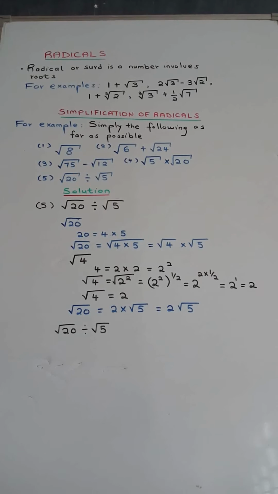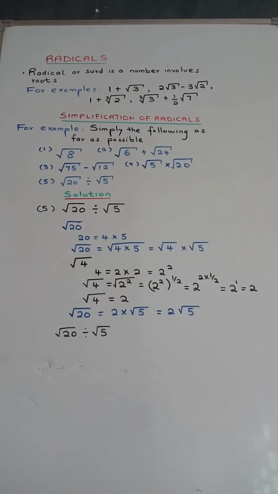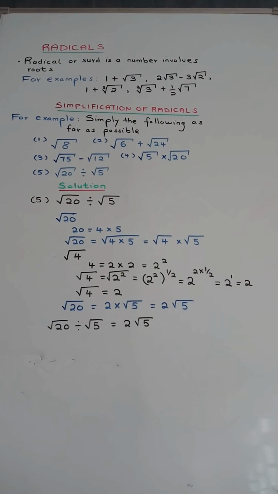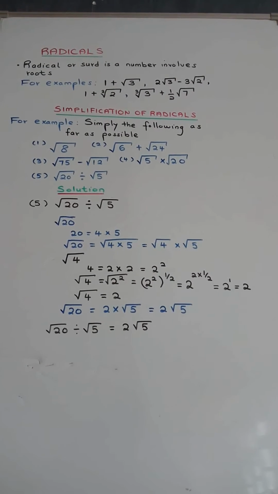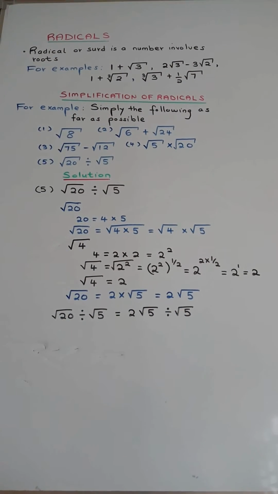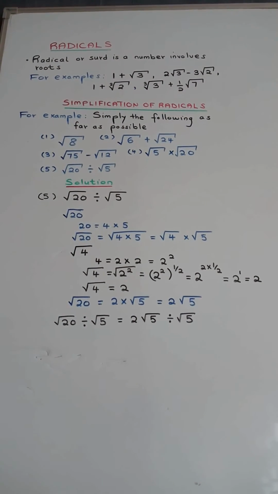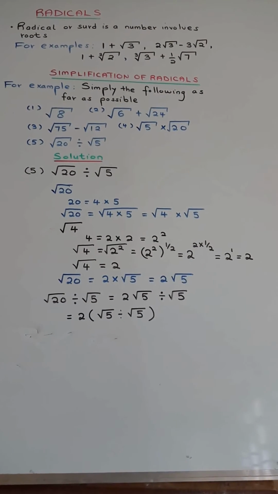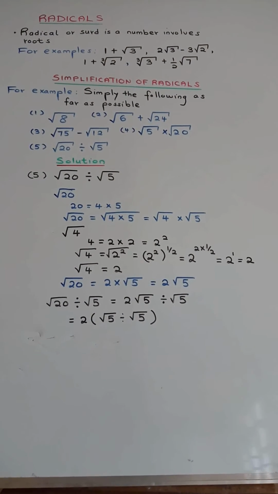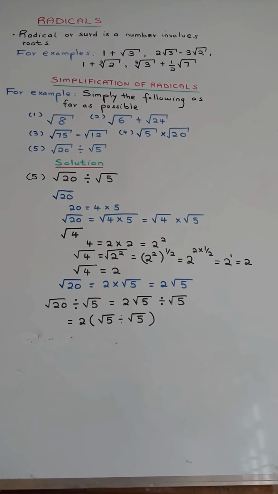So radical 20 divided by radical 5 is equal to 2 radical 5 divided by radical 5, which is equal to 2 brackets radical 5 divided by radical 5.